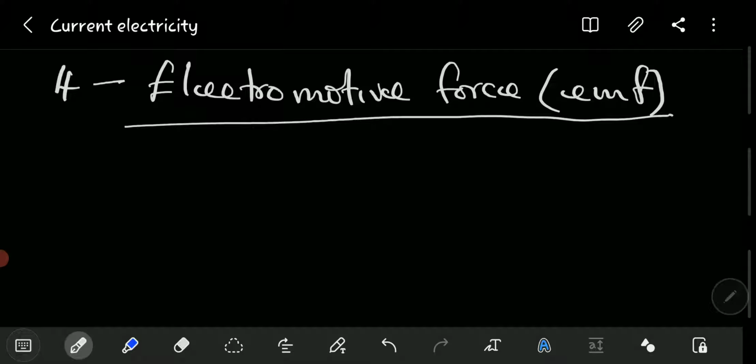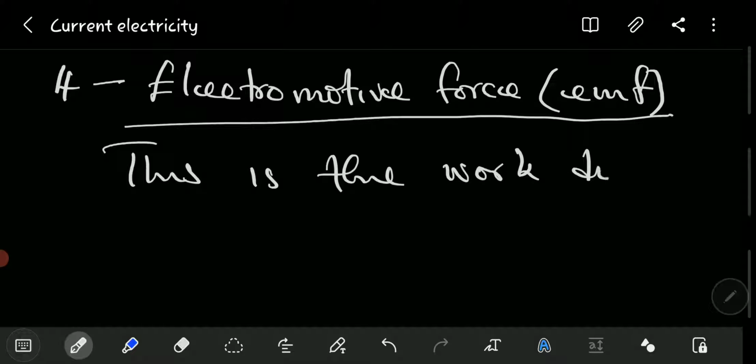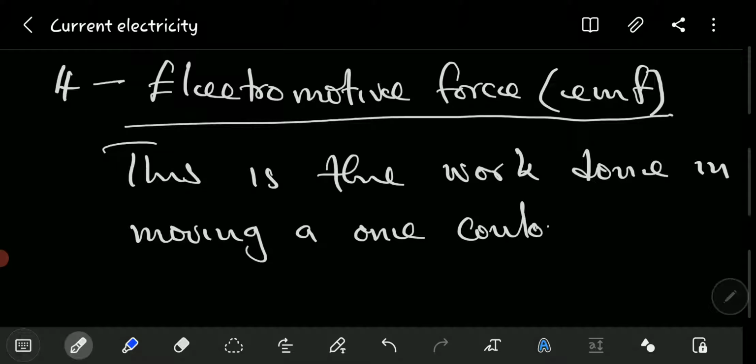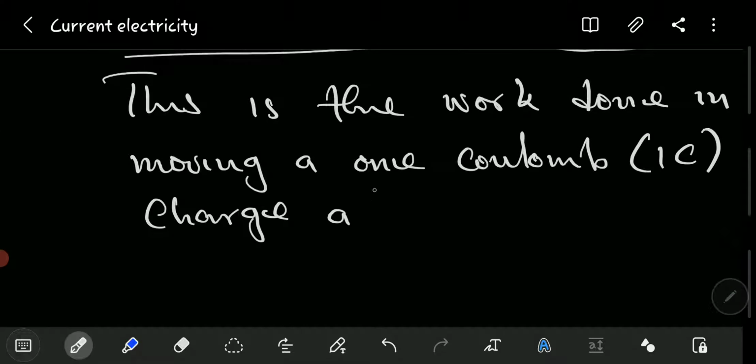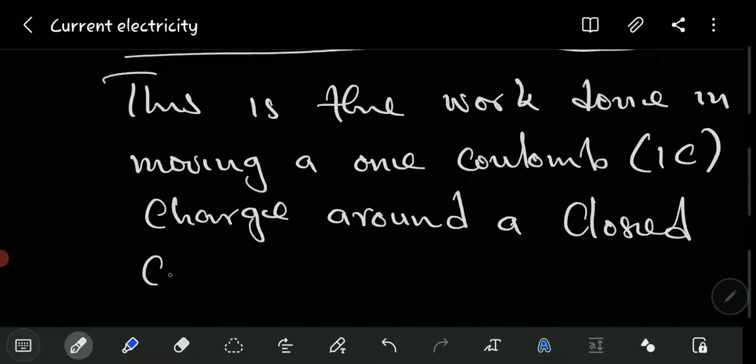So electromotive force is the work done in moving a 1 coulomb charge around a closed circuit.